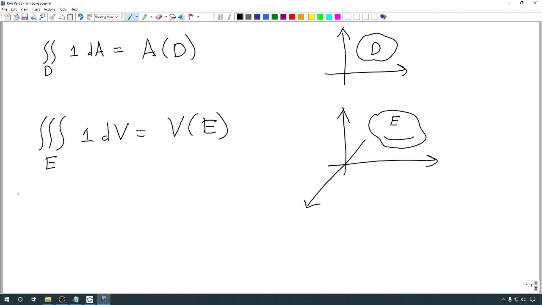The way we were computing volumes before, we were thinking of the type 1 regions where we have some top surface and some bottom surface.